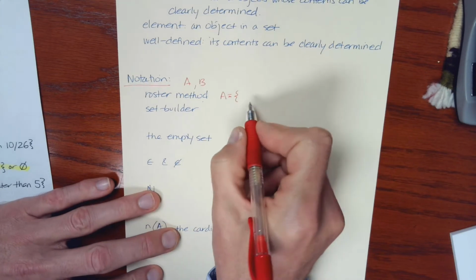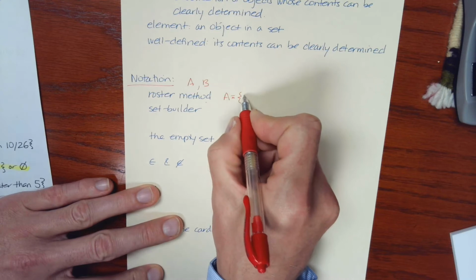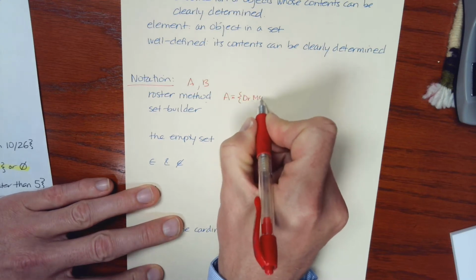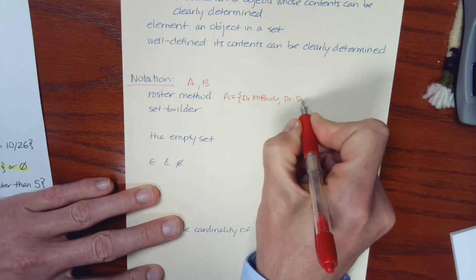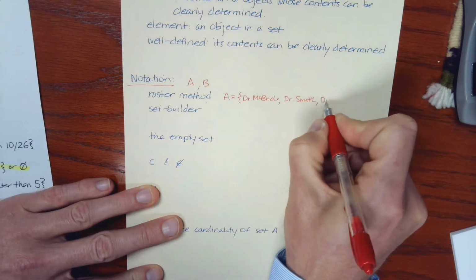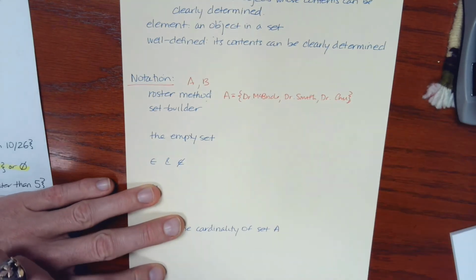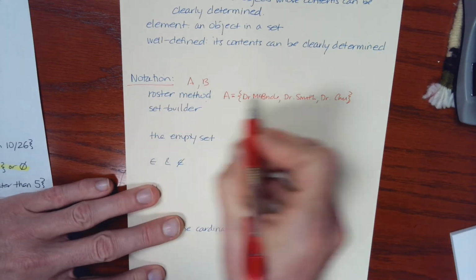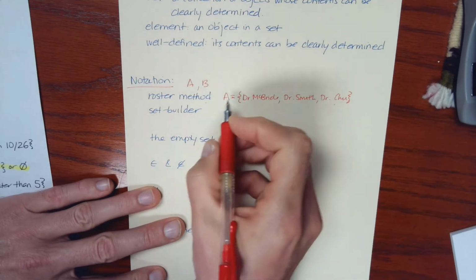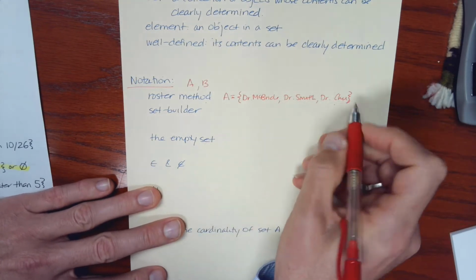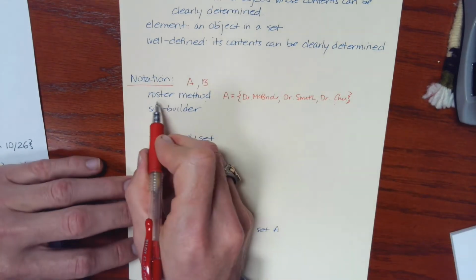So if I was talking about the set of teachers in my department, I could say Dr. McBride, Dr. Smith, Dr. Chu, etc. But maybe I'll just say there's three. So that is the roster method, where you just list all the elements, usually in a comma separated list. That's a good method. If you have a small number and it's convenient to write them all out, then I would go with the roster method.